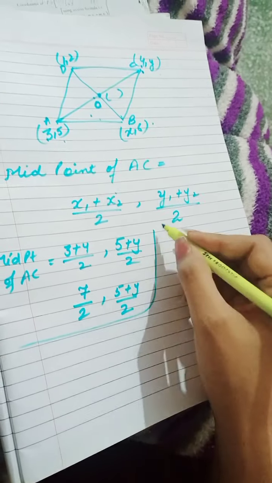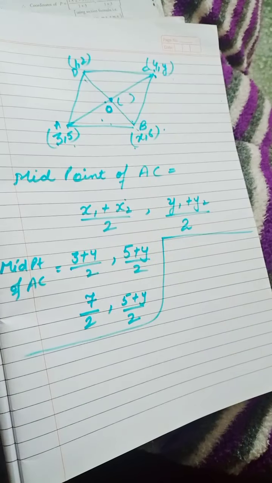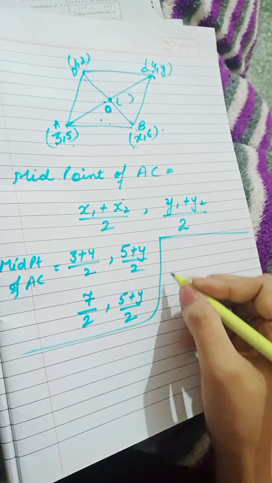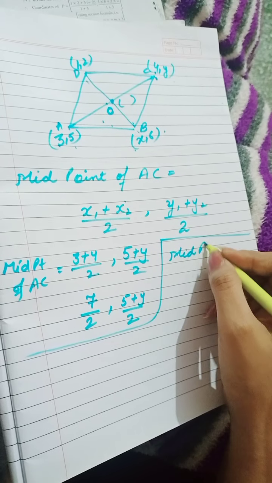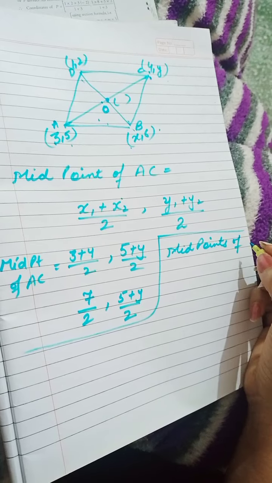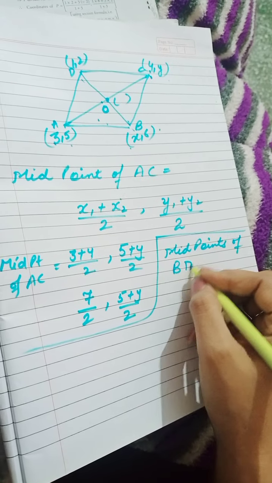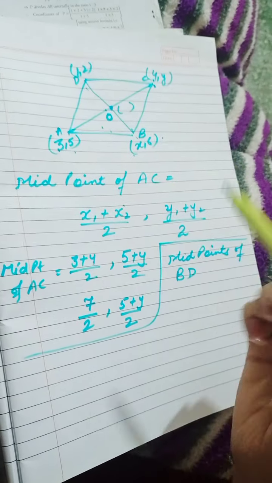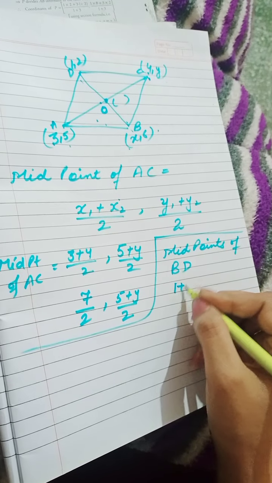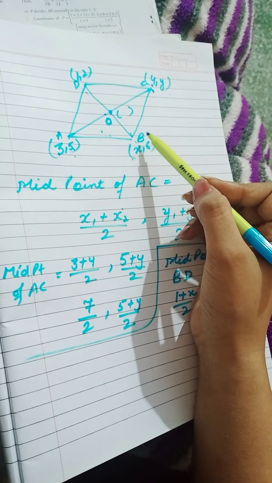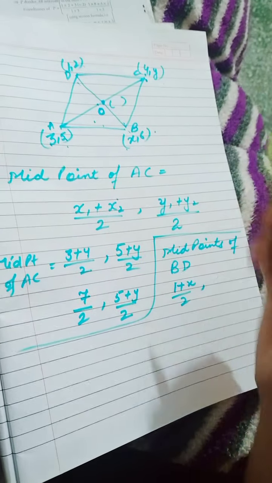Now let's find the midpoint using BD. How will we find it? Very simple. Midpoint of BD. What you will do? (1 plus x) by 2, and the second would be (2 plus 6) by 2.